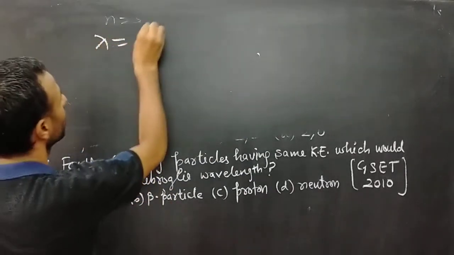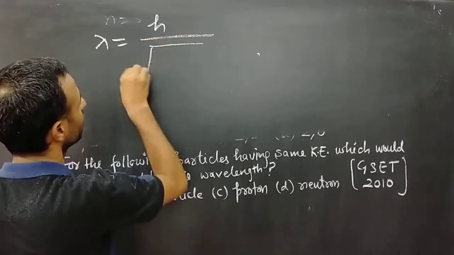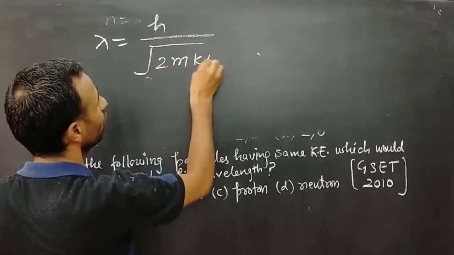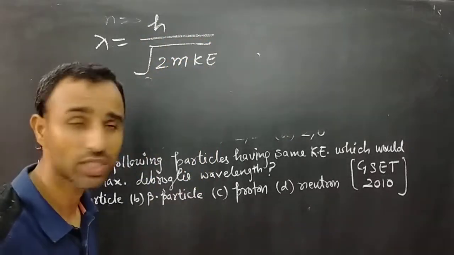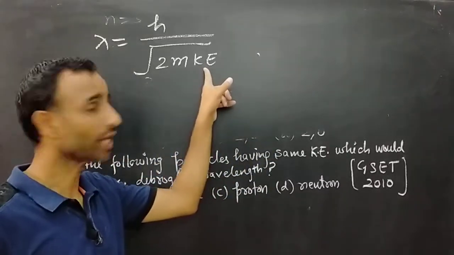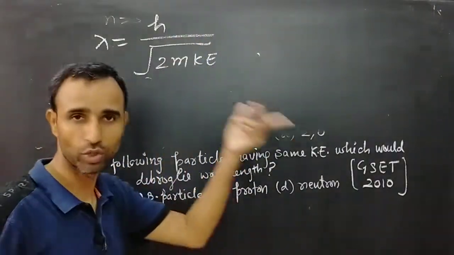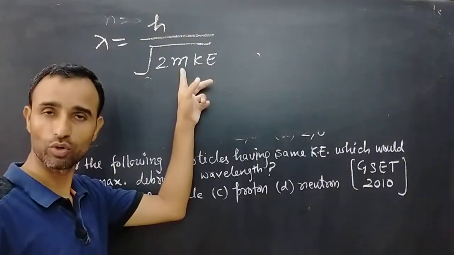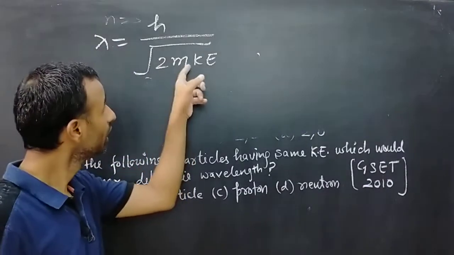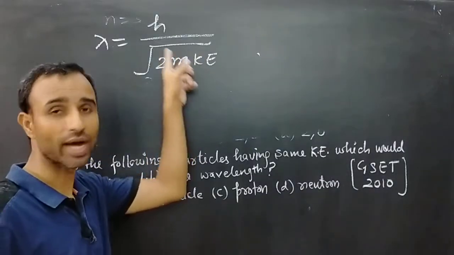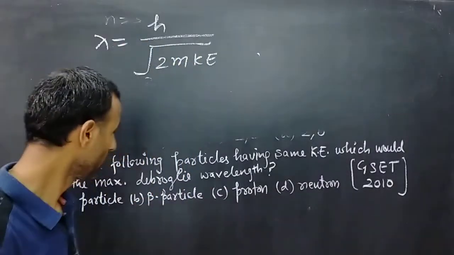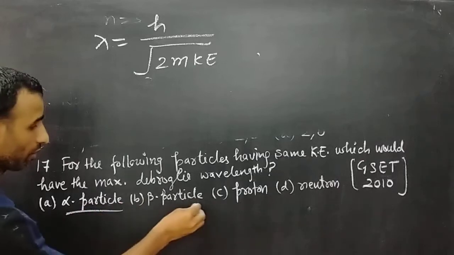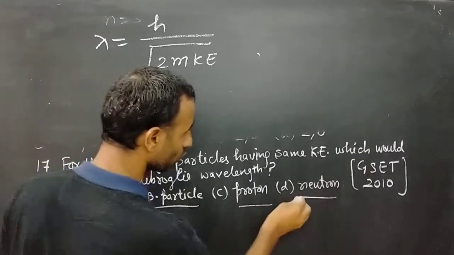Now last one, for the following particles having same kinetic energy, which would have the maximum de Broglie wavelength. You know, lambda equal to h upon square root of 2m into kinetic energy. As kinetic energy is same, h is same, 2 is constant, so lambda is inversely proportional to square root of m. That means lower is the value of m, higher is the value of wavelength. So alpha, beta, proton, neutron.